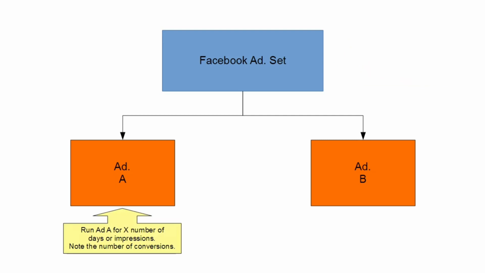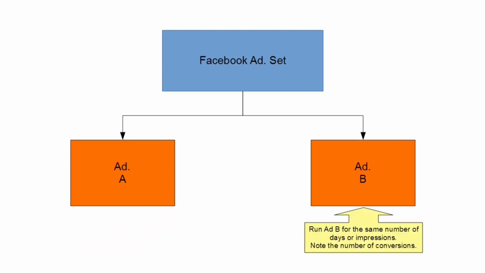So let's say you're going to have the two ads and you run ad A for X number of days or impressions. You then note the number of conversions. You then run ad B for the same number of days or impressions, and again you note the number of conversions.